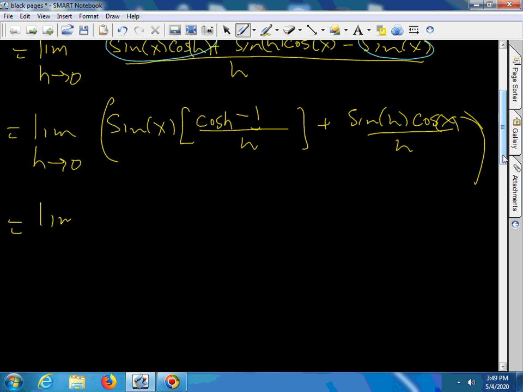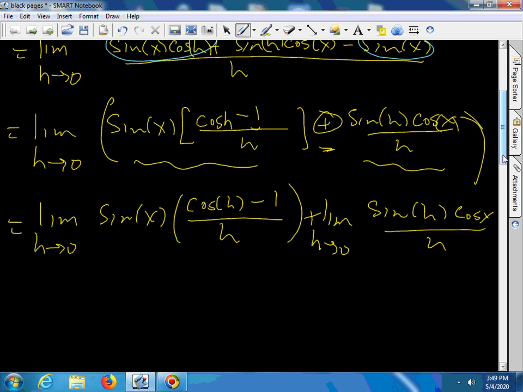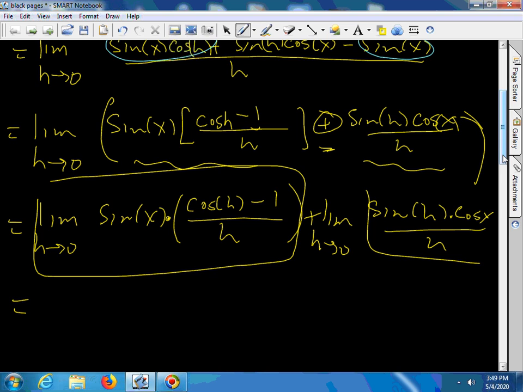And what happens is that since we have the sum, I can take the limit of this plus the limit of that. So the limit of sine of x times cosine of h minus 1 over h plus the limit as h goes to 0 of sine h times cosine x over h. Now, for each limit, we have a product.